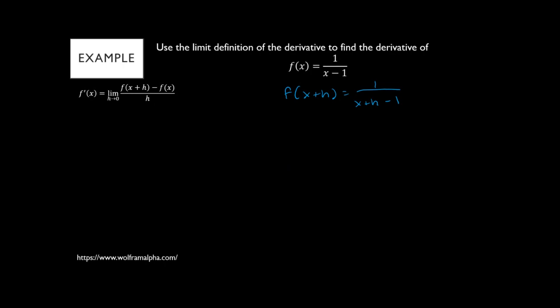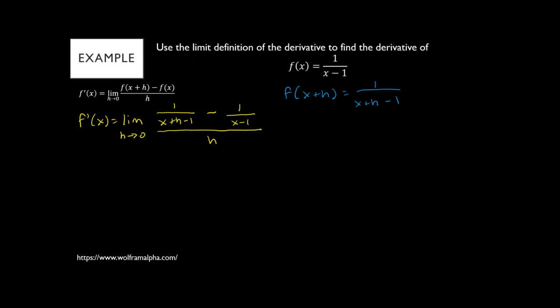So that part's not so bad, not like the cubic. So now I'm going to plug it into my limit definition. We have 1 over x plus h minus 1 minus f of x, which is 1 over x minus 1, over h.